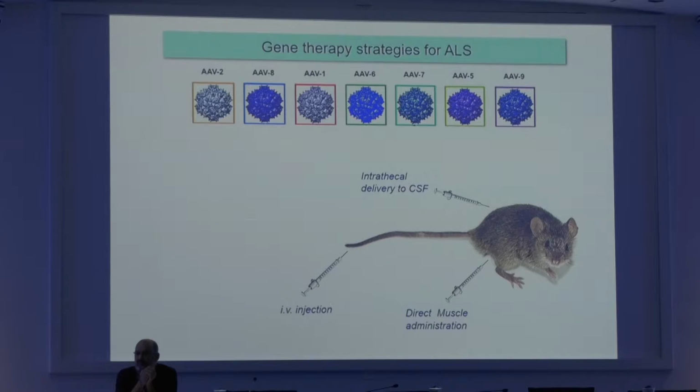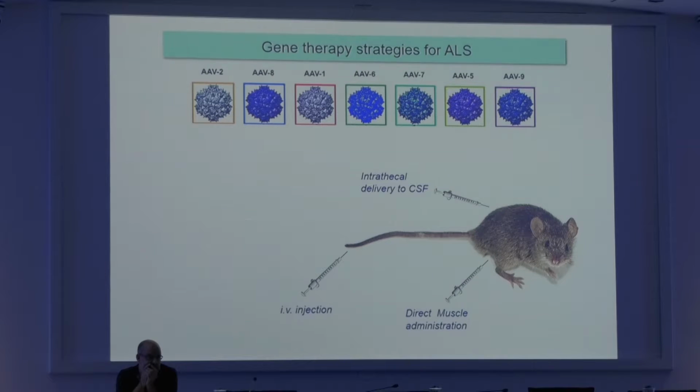So by intrathecal administration of the virus into the CSF, we can target the central nervous system. While if we want to target the muscle, we can specifically inject the virus into the muscle, but this is not translatable for an ALS patient.